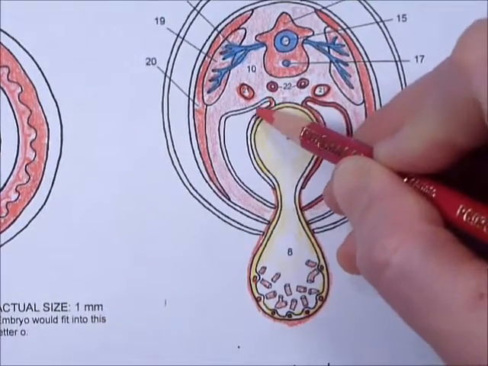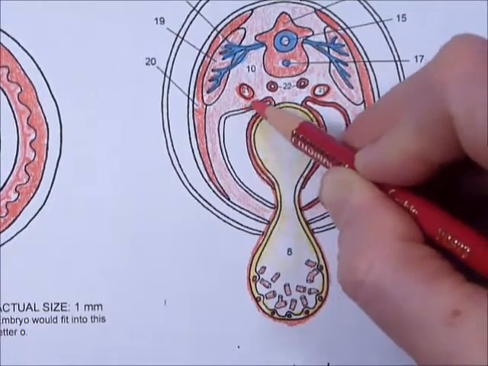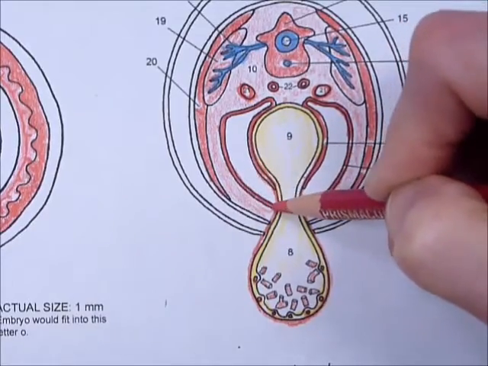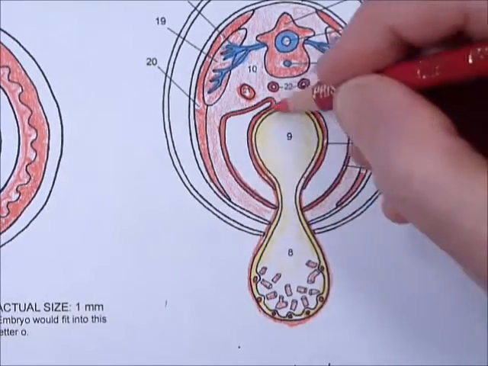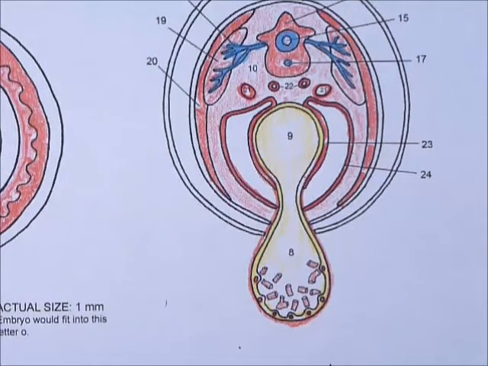And one of them followed the gut tube, basically. And the other one went like this. And they are going to form the membranes that are covering the organs.